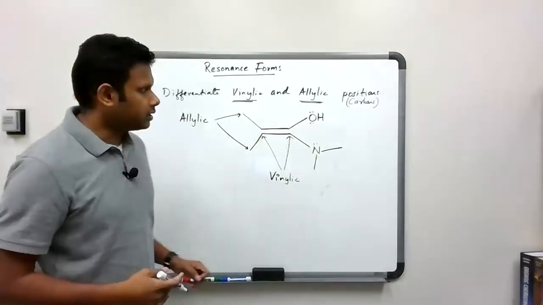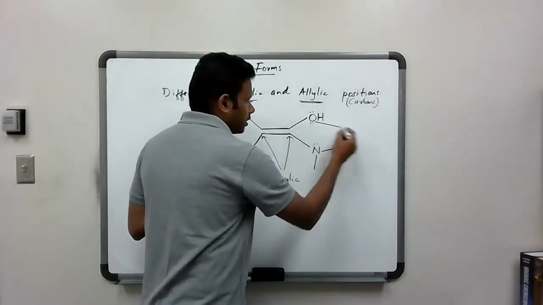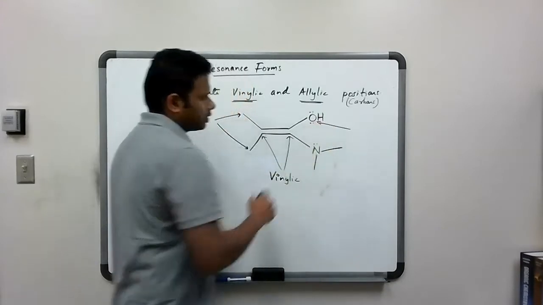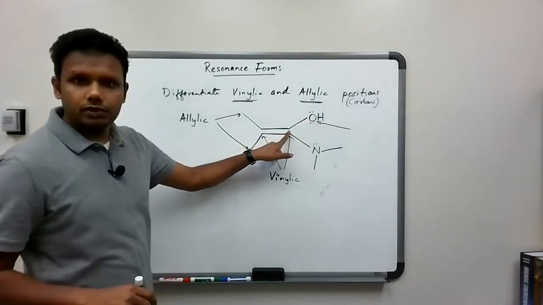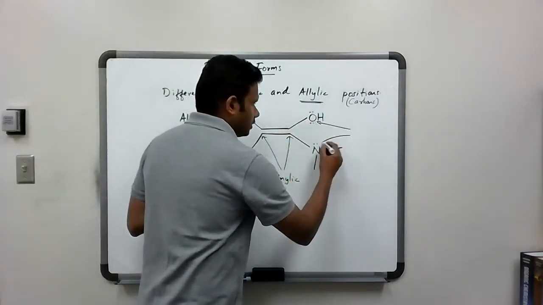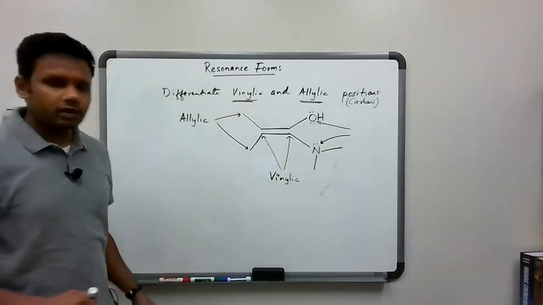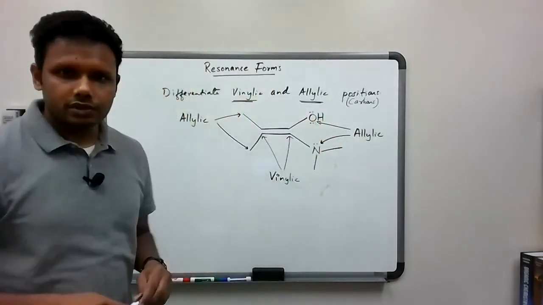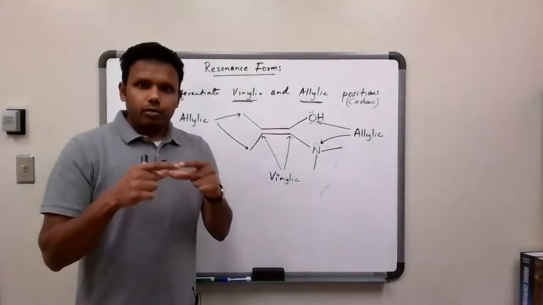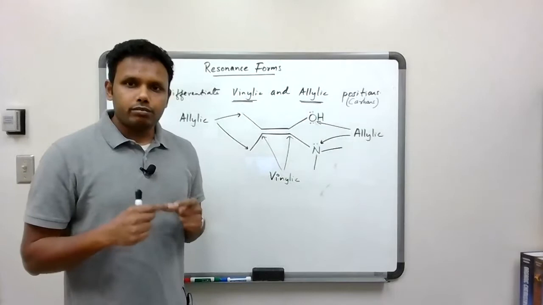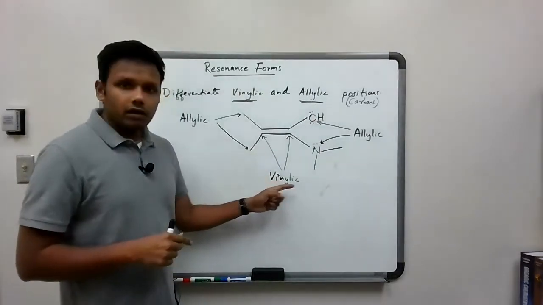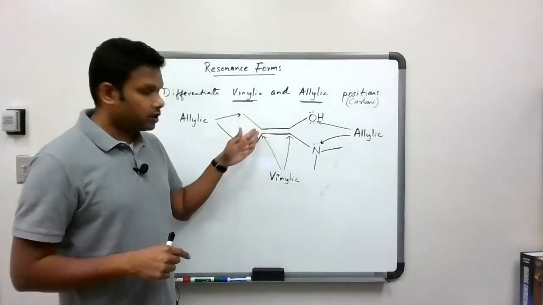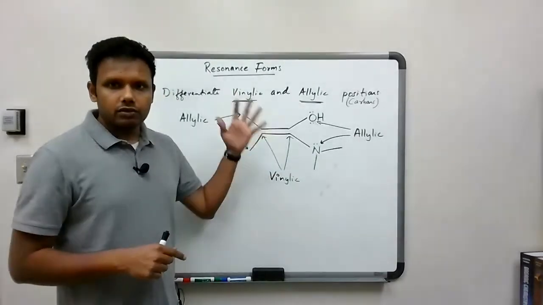Similarly, on the other side, we have an oxygen connected directly to the vinylic carbon, and a nitrogen connected directly to the vinylic carbon. So these are both allylic positions. Atoms that have the pi bond between them are vinylic, and positions connected to vinylic positions are allylic.